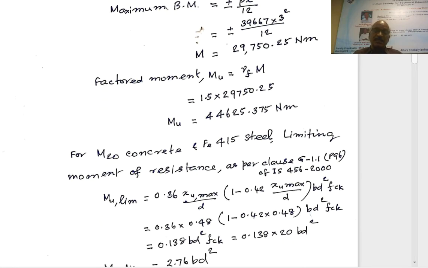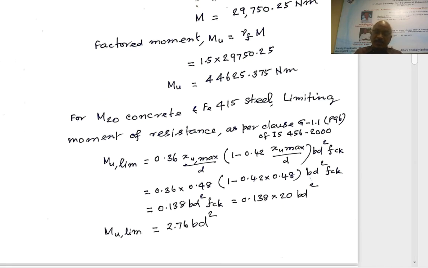For designing the thickness, on page number 94 of IS 456, we have the formula for a balanced section. The limiting moment of resistance as a singly reinforced section is 0.36 Xumax by D, into 1 minus 0.42 Xumax by D, times b d square fck. It's a formula in the code book.